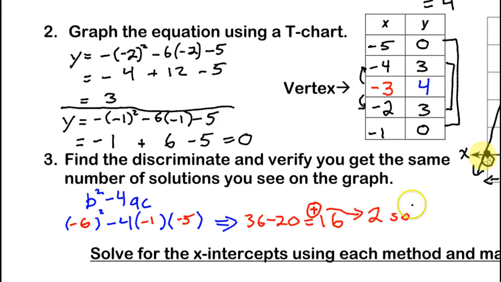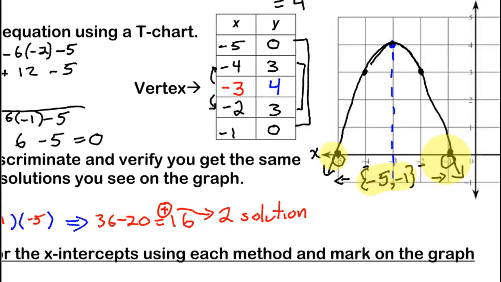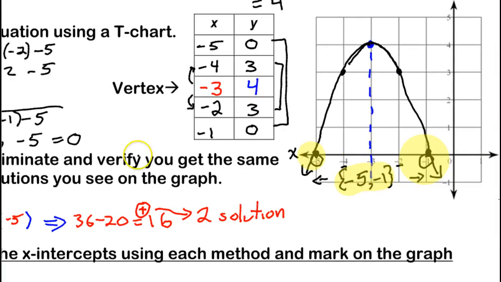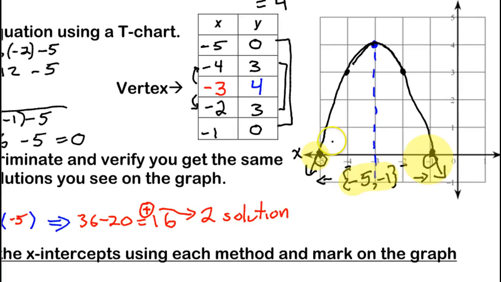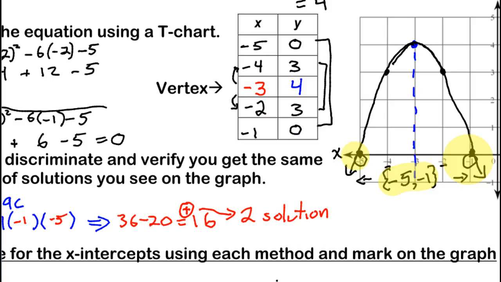And what are those 2 solutions? -5, -1, yeah. Like I said, we're verifying that we already knew there are two solutions, so we already knew we should get a positive discriminant. Everything is all tied together. Everything has to agree and match with everything else.